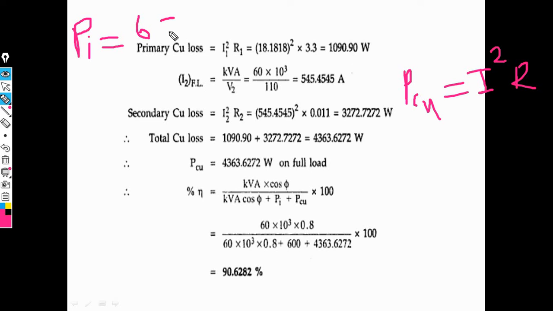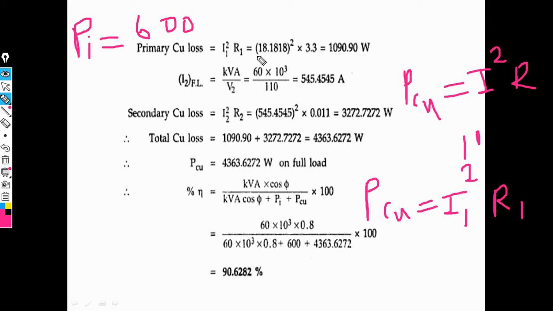Considering the primary winding, P copper is equal to I1 square into R. I1 is calculated, so put 18.1818 square into the value of resistance R1, that is 3.3.